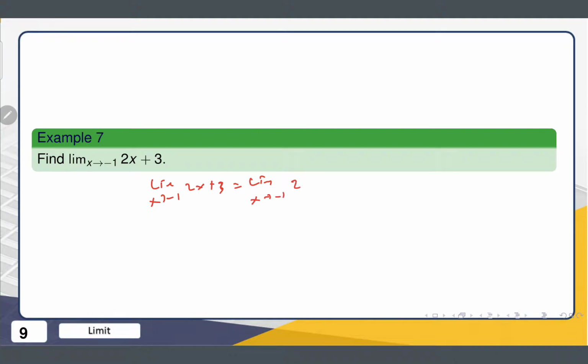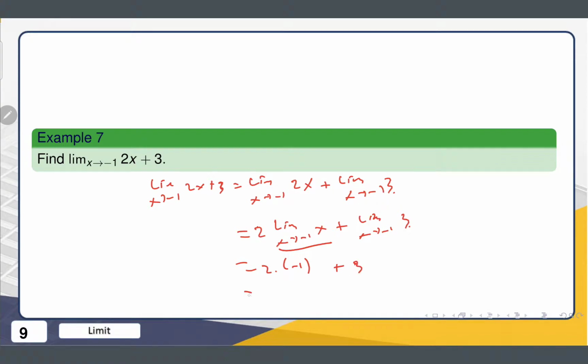If you have something like this, you can use the property of addition of limits. And then you know the scalar multiplication. Using the properties of limit, this is equal to -1 and this is equal to 3. Then you have -2 + 3 is equal to 1. So hopefully that's clear enough.